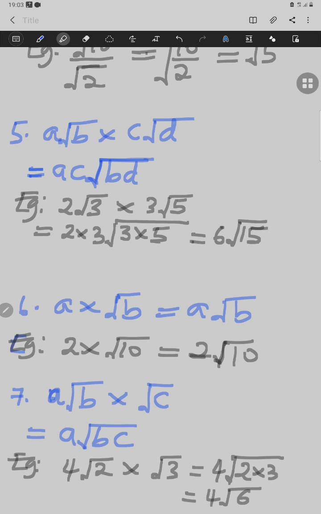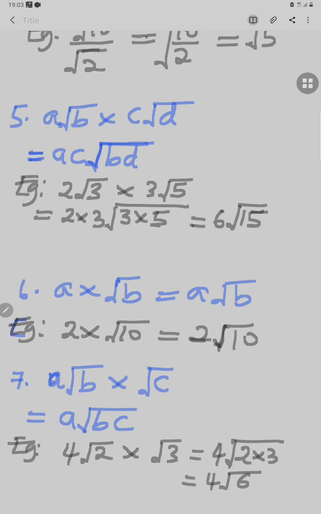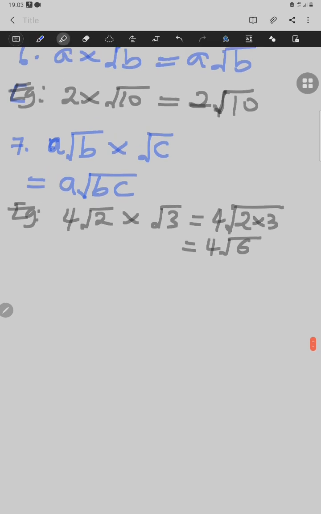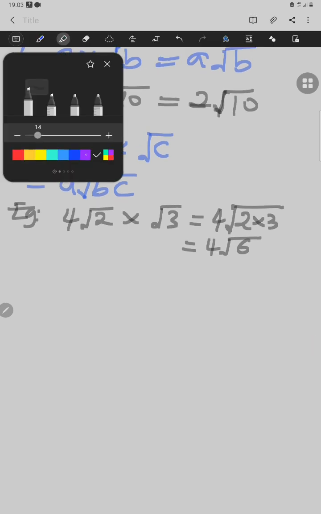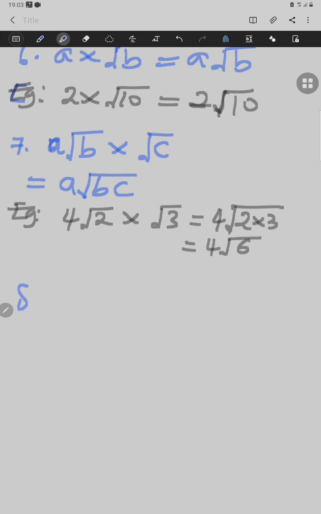Let's look at one more, then we end on the properties. So let's say the last property I want to share with you. Let's say m times n root q. If I have this, then what do I get?